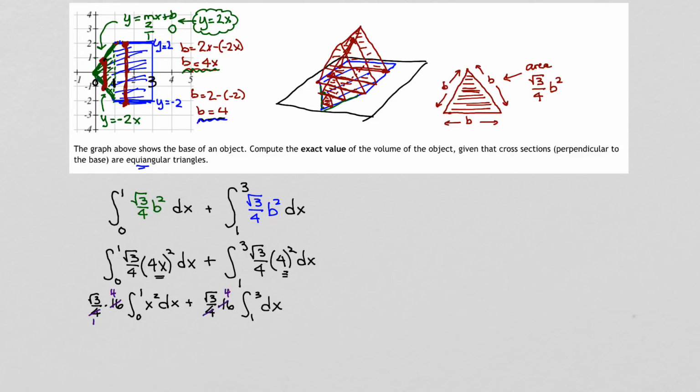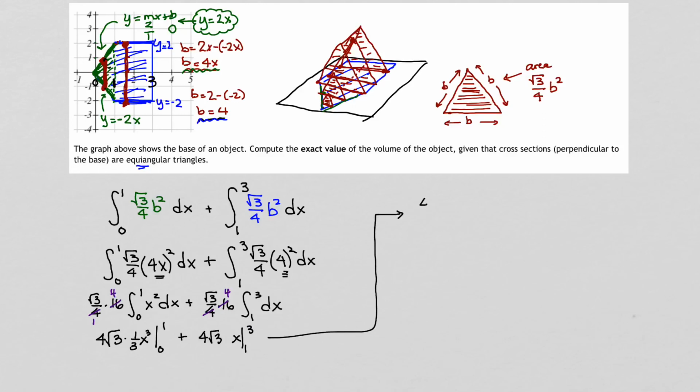I think this is the easy part, and you'll be all set from here. The hard part, I think, is the setup. But we have 4 times the square root of 3. The antiderivative of x squared is going to be 1/3 x to the 3rd power from 0 to 1. 4 square root of 3, the antiderivative of dx is just x from 1 to 3. And continuing my integration, what do I have?